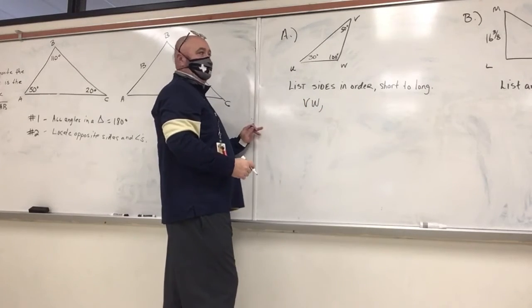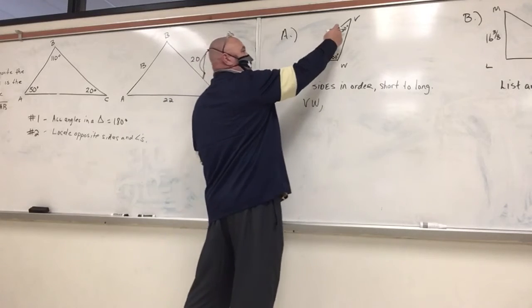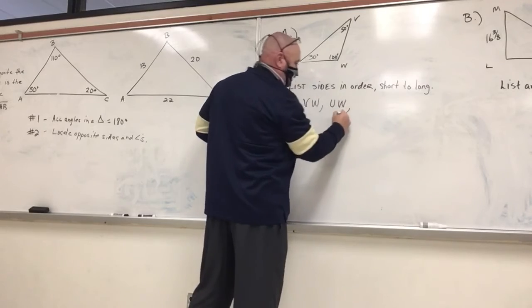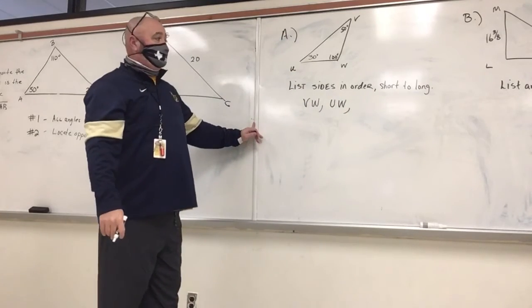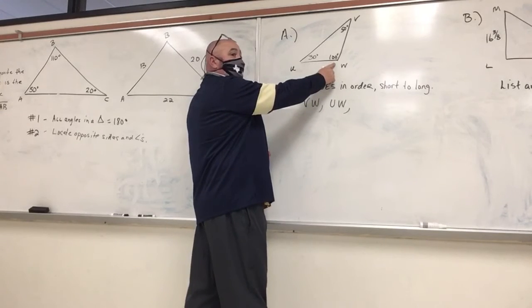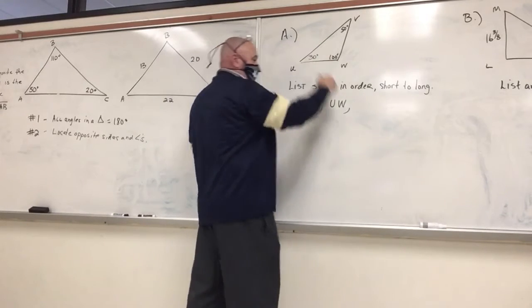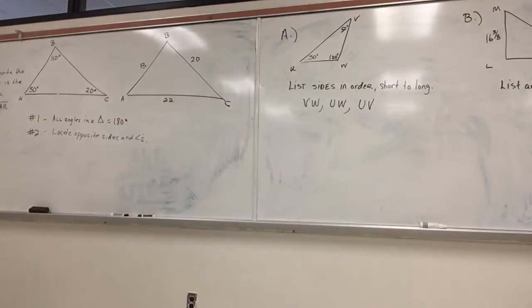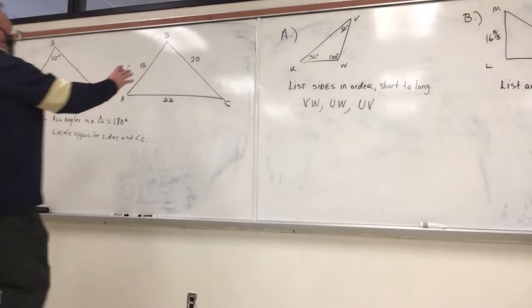What's my next one? 50. What side is opposite 50? UW. And my biggest is angle W. What side is opposite angle W? UV. And I'm done. That's all you're doing today. Is that hard? Not really.